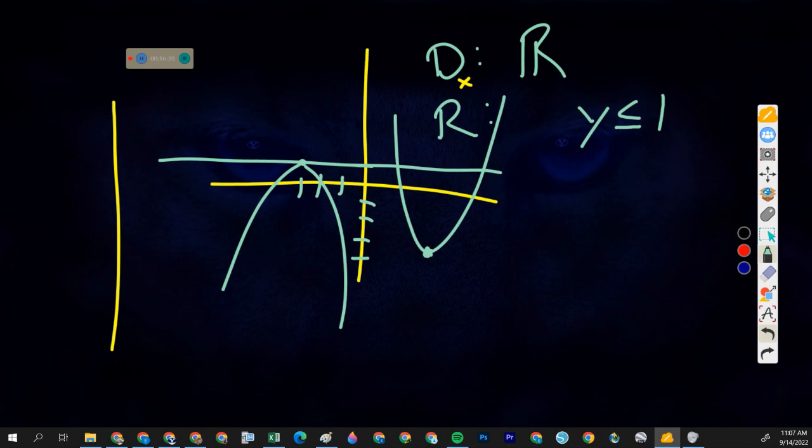What would the domain be? All real numbers. What about the range? Y is greater than or equal to -4. Now, how do I know that this is actually equal to -4? How do I know it doesn't just slightly miss it? The answer is it always hits unless they tell you otherwise. So the only way to get rid of this equal to would be if there was an open circle there that represents a gap or a hole in the graph.